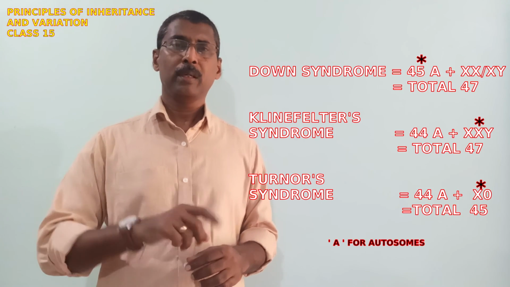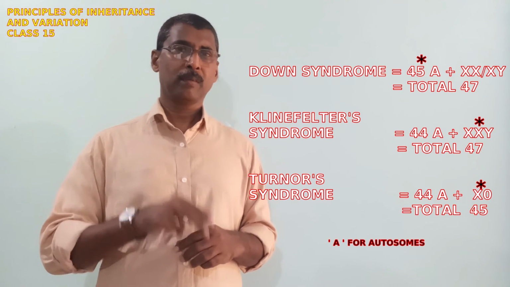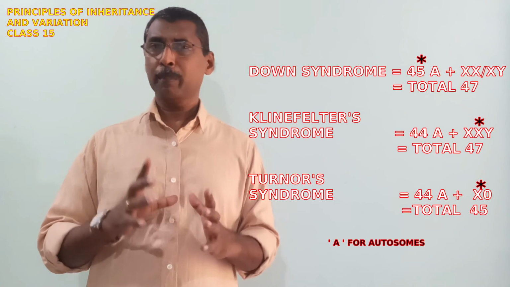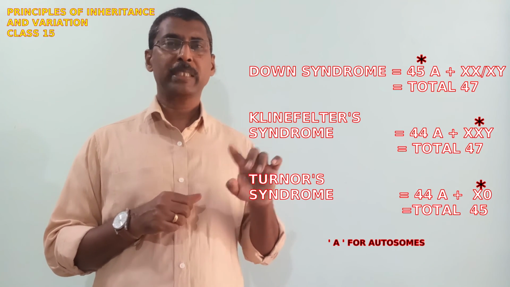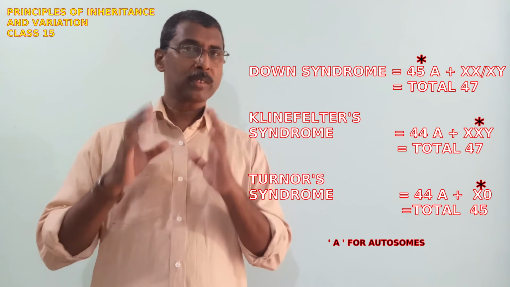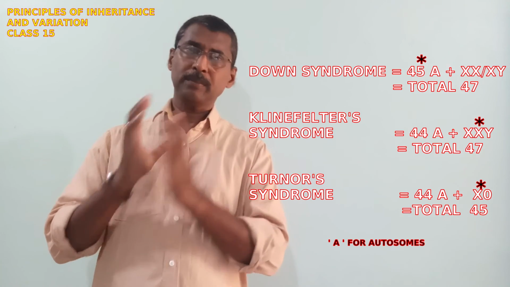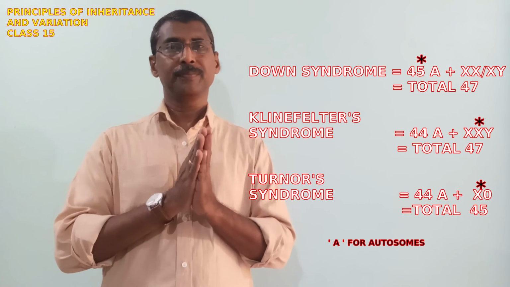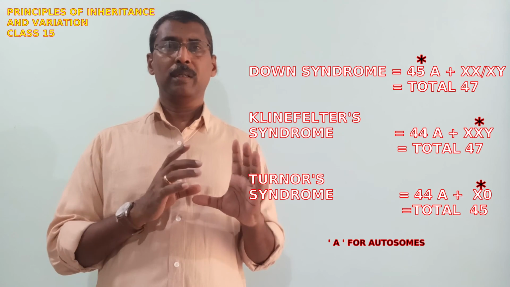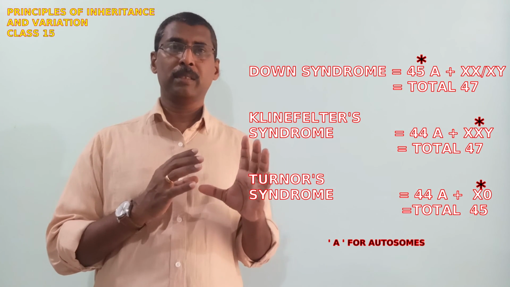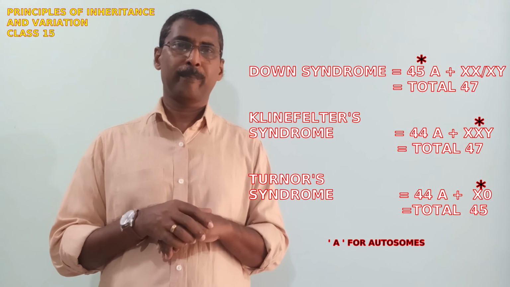Okay. So let's see once again which are the examples for trisomy. We have two examples. One is Down syndrome. The chromosome pattern here is 45 plus XX or XY, because as Down syndrome affects the autosomes, the sex of the individual is not a concern here.